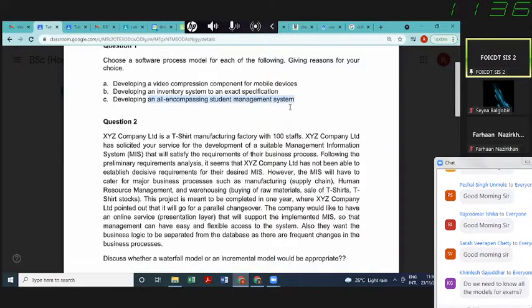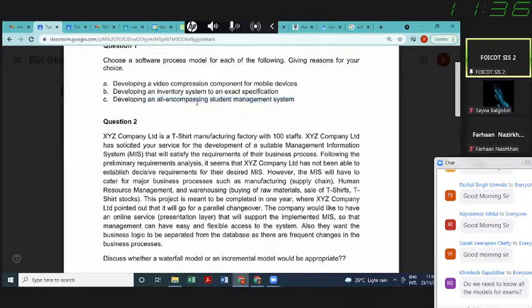Spiral, you're going to use it where there is a high element of risk. And we will see risk later on, like tight deadlines, staff overrun, schedule overrun, cost overrun. So we're going to see this, but I'm not really convinced for a Spiral.